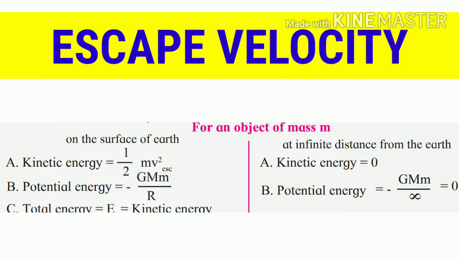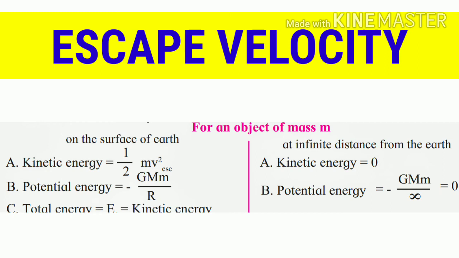Now, the expression for escape velocity for an object of mass m. On the surface of the earth and at infinite distance from the earth. On the surface of the earth: A, kinetic energy is equal to 1/2 mv².